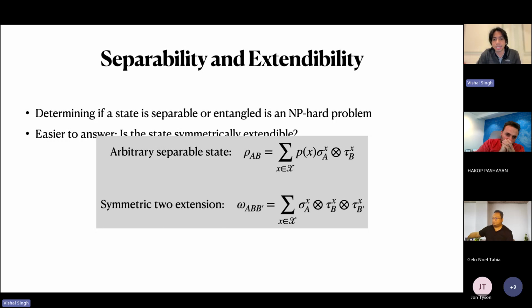And so you can symmetrically extend it to a tripartite state such that if you trace out system B prime, I missed a p of x there, so that's a typo. But if you trace out B prime, you still get rho_AB, and if you trace out B, you get the same state. So basically, every separable state you can extend symmetrically.